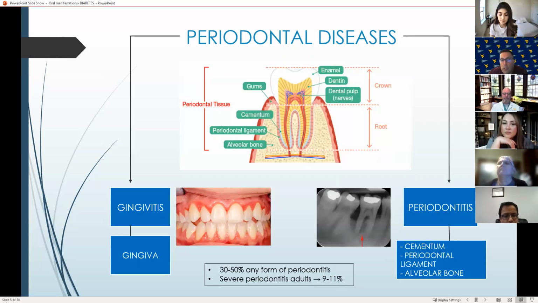So as you can see there in the diagram, the supporting structures of the teeth are the cementum, periodontal ligament, and alveolar bone. The destruction of these supporting structures usually leads to alveolar bone resorption and tooth loss.